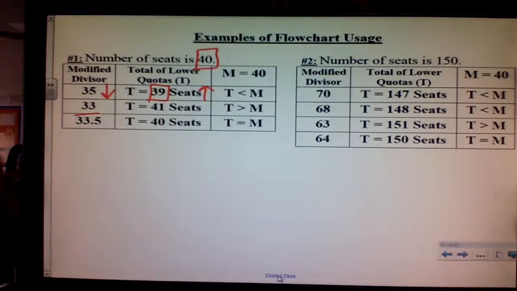When I used 33, I got 41. So this number needed to go down, which means 33 needed to go up. So I needed to be lower than 35 but higher than 33, and I guessed something in between. When I guessed that, I got 40, so I stopped.